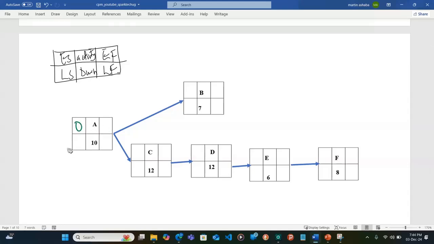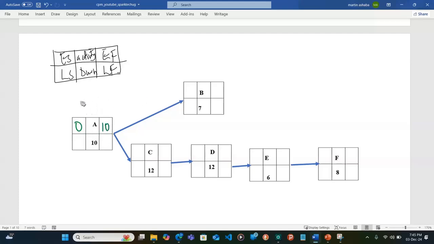So since A takes 10 days, that means the earliest finish time without affecting the project completion, we are going to say this is 0 plus 10, and we shall get 10.